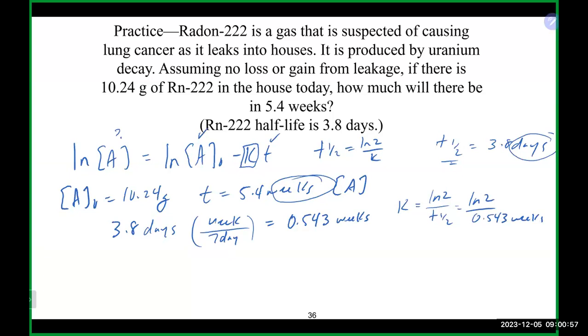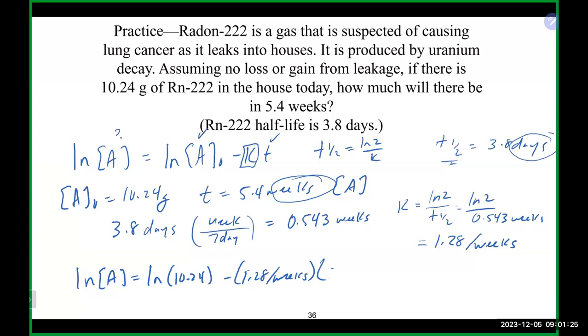Once again, if you left that in days, you'll obviously have a different answer than what I'm going to put up here. But it should all work out the same at the end. You'll have 1.28, again reciprocal weeks here if you did it this way. Now that we have that, our natural log of A will equal the natural log of 10.24 minus 1.28 reciprocal weeks, which works well with my 5.4 weeks of time.